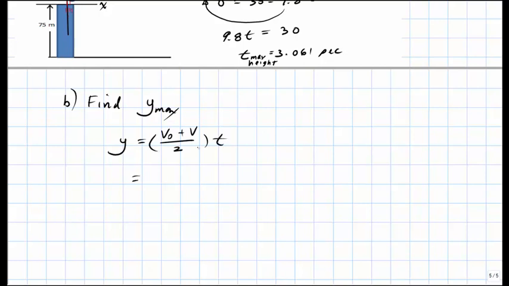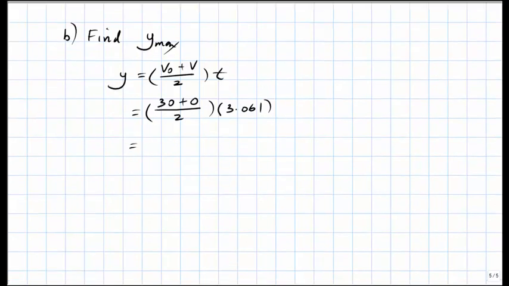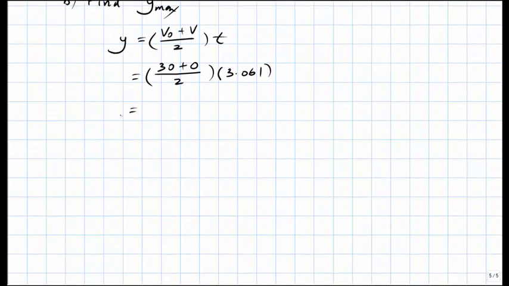Let's substitute the values. v0 in this problem is 30. The final velocity at max height is always 0. And the time we just found out equals 3.061. And if we enter those values into our calculator, y max will equal 45.92 meters.